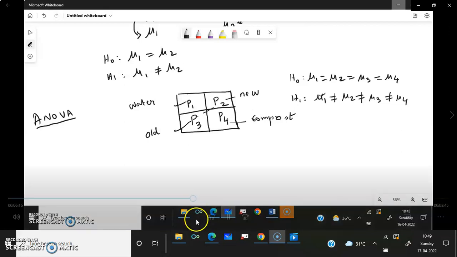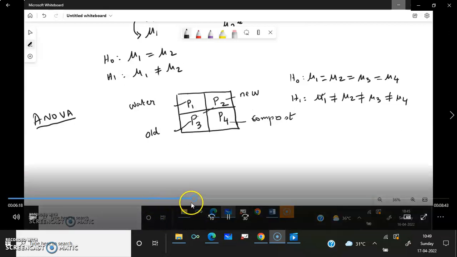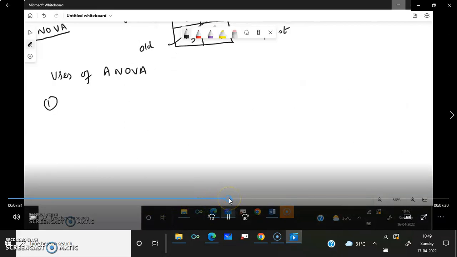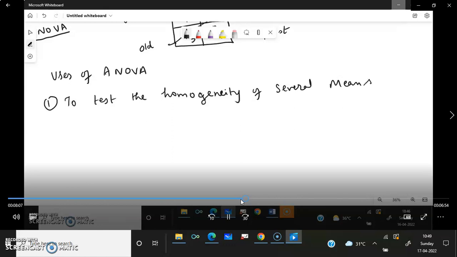This is what you conclude from the Anova: there is a significant difference between these groups. The first use we have seen is the homogeneity of several means, that is, k groups.